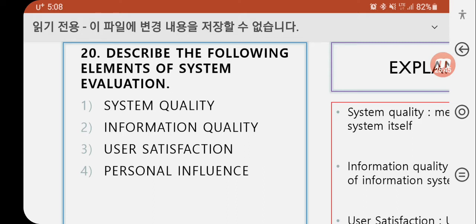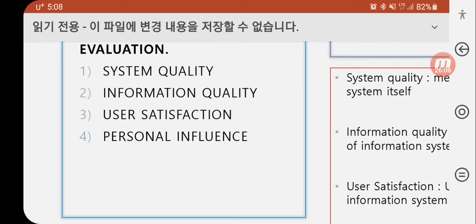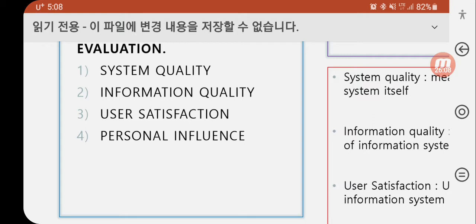But here you describe the 4 elements of system evaluation. System quality measures the information system itself.